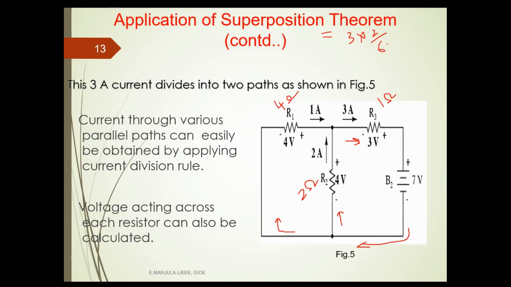So 6 and 6 will get cancelled, we get 1 amp. So 1 amp is flowing through R1. Now for R2, it is the total current 3 into 1 divided by 6.